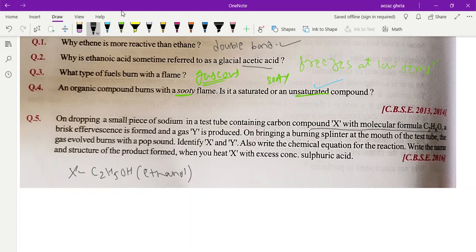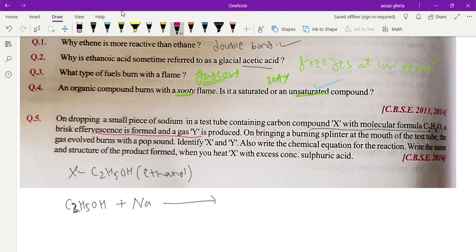Okay. And on dropping a small piece of sodium in a test tube, so you are dropping sodium in a test tube which is containing C2H5OH. Okay, and they are telling that a brisk effervescence is formed and a gas Y is produced.